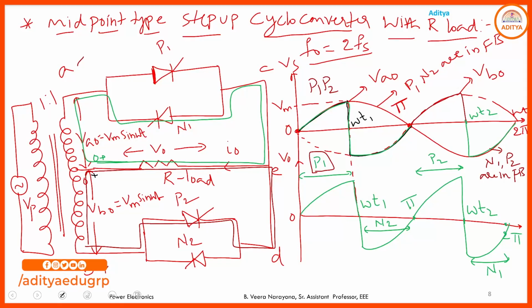Whether it is a step up cycloconverter or bridge type cycloconverter, the output voltage waveform should be the same. What is the difference observed here? In midpoint type converter, only a single SCR comes to the on state at a time, whereas in bridge type converter, two switches come to the on state. That is the main difference.